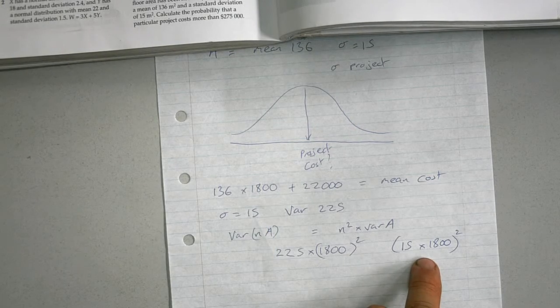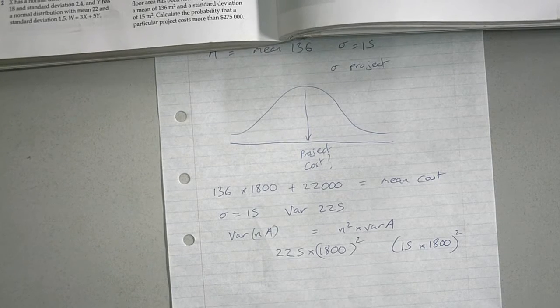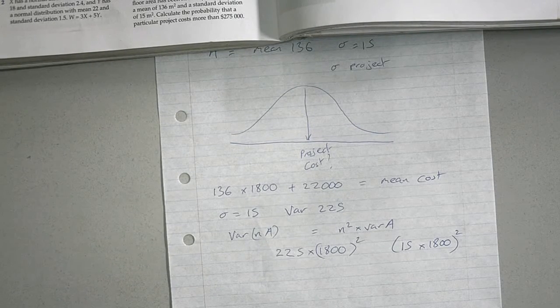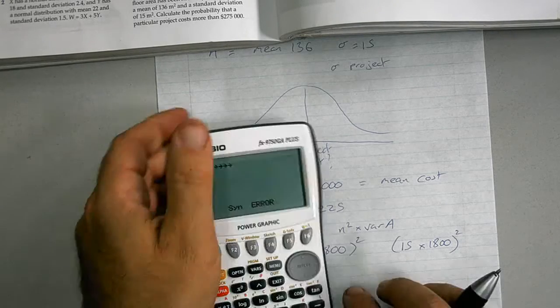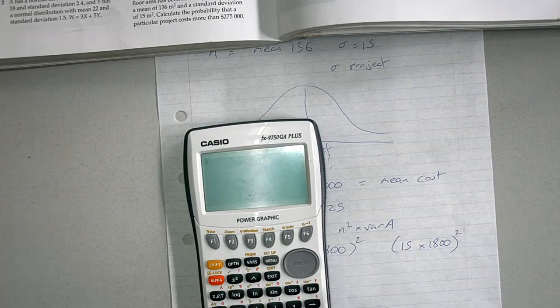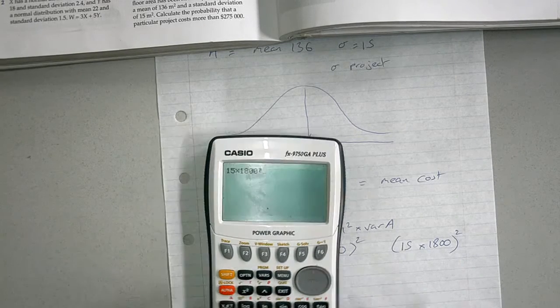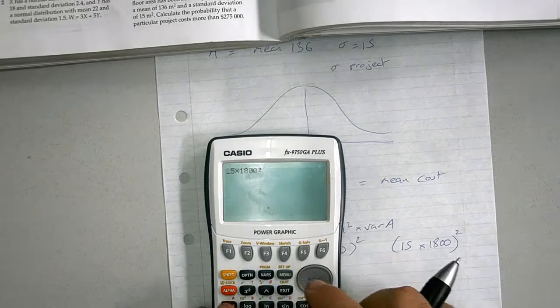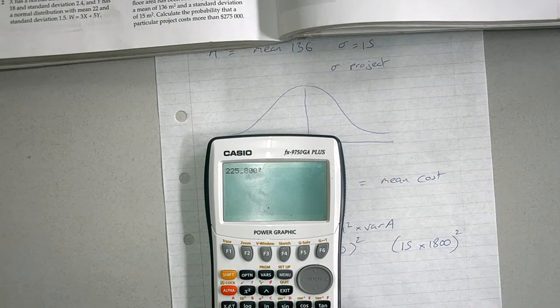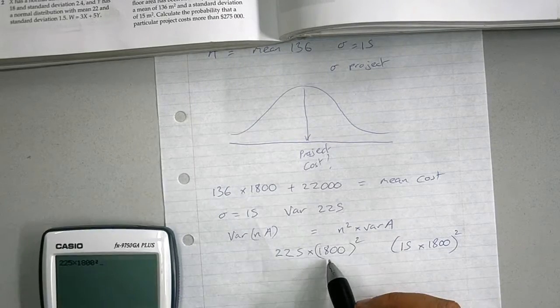Now, 15 times 1,800, and don't forget to do it squared. Oh, no, I've done that wrong. That's not 15, is it? It's 225, that was on my original.